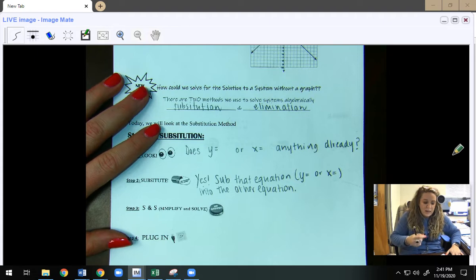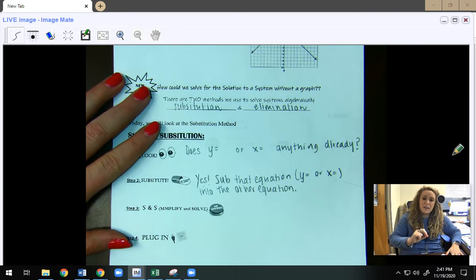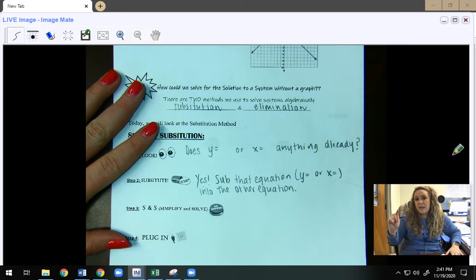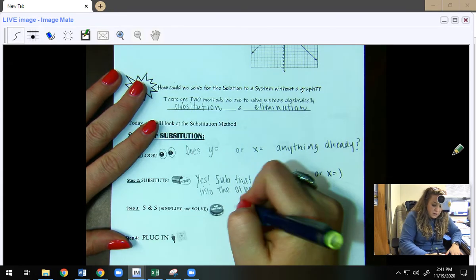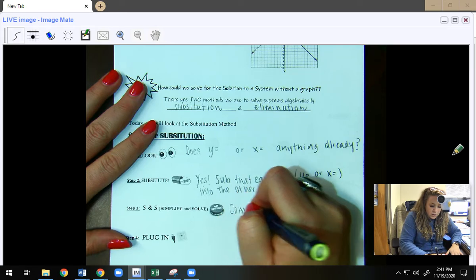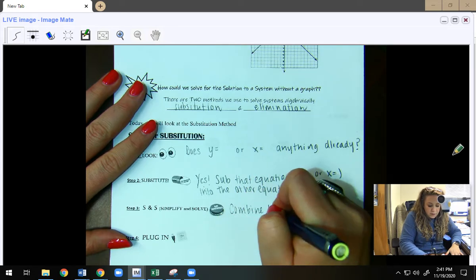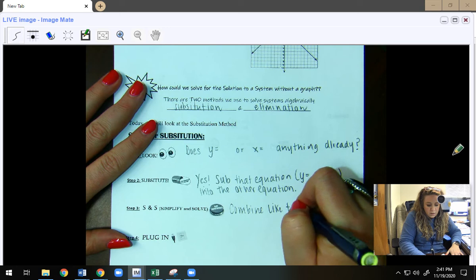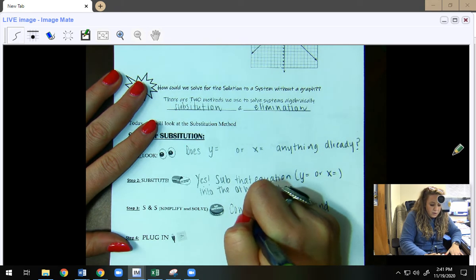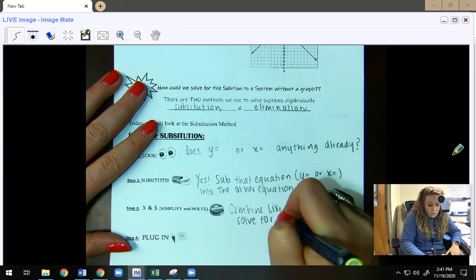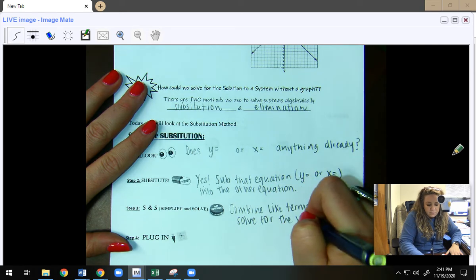When you substitute in that y value, you're going to be all in terms of one variable, so it's going to be all x's or all y's, depending on what you're substituting in. Simplify and solve just means combine like terms, and solve for the variable.